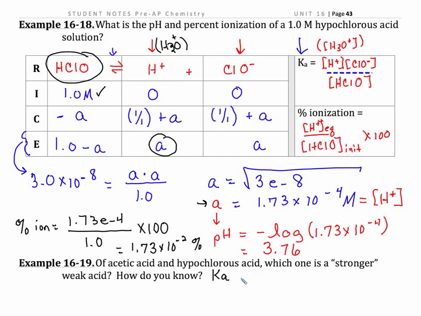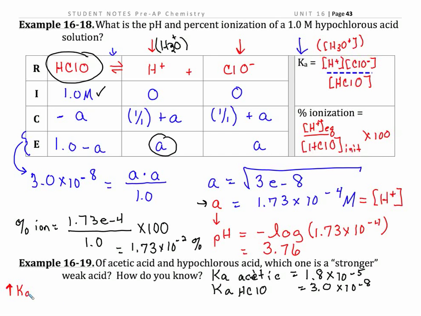Now, which is stronger? Well, Ka for the acetic acid was equal to 1.8 times 10 to the minus fifth. My Ka for my HClO was 3.0 times 10 to the minus eighth. Now, let's evaluate this.